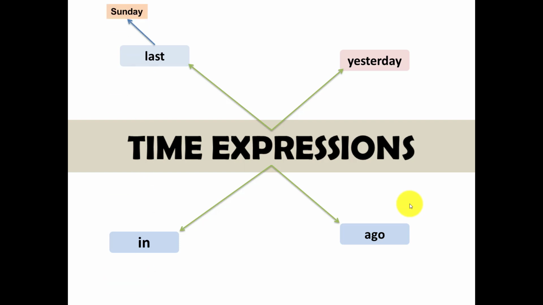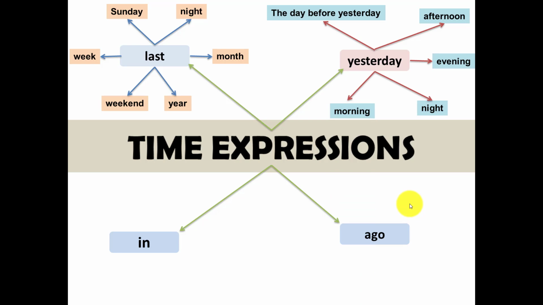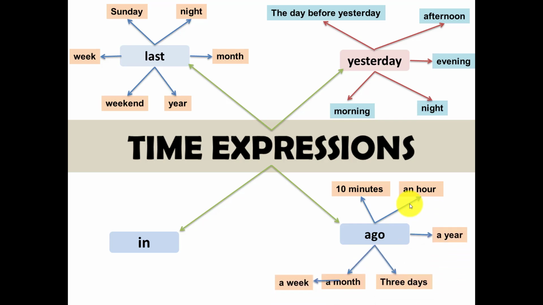For example, we can say last Sunday, last night, last month, last year, last weekend, and last week, etc. For yesterday, we can say the day before yesterday, yesterday afternoon, yesterday evening, yesterday night, yesterday morning. And for ago, we can say 10 minutes ago, an hour ago, a year ago, 3 days ago, a month ago, and maybe a week ago, etc.